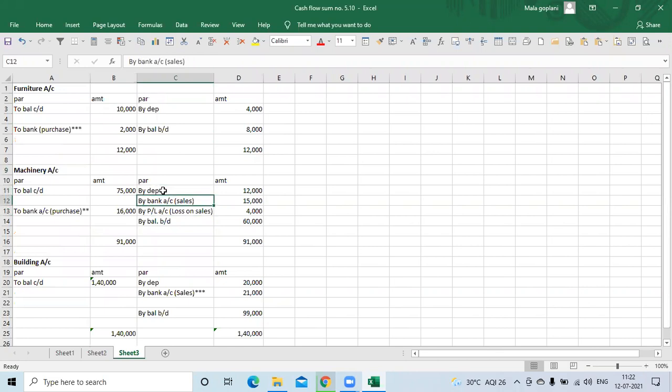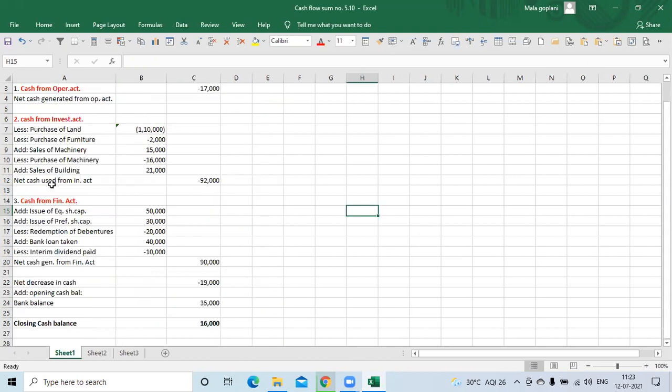Depreciation done, sales done, loss done. Closing balance does not have to be shown, and opening balance also has to be ignored. The last thing left is purchases. So tell me, purchase of machinery, which activity? Investing activity, ma'am. Add or less? Less. Why? Cash outflow. Very good.